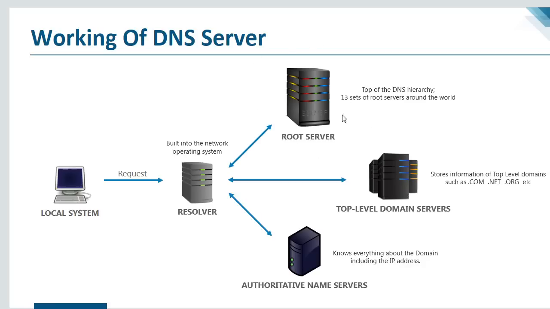So the root server would return the top level domain servers such as .com, .net or .org, and these top level domain servers return the domains where your IP address is part of, through the authoritative name servers, and that's how things happen. Then the resolver would finally get the IP address from your authoritative name server, and finally it would store the IP address in its cache locally for later use.